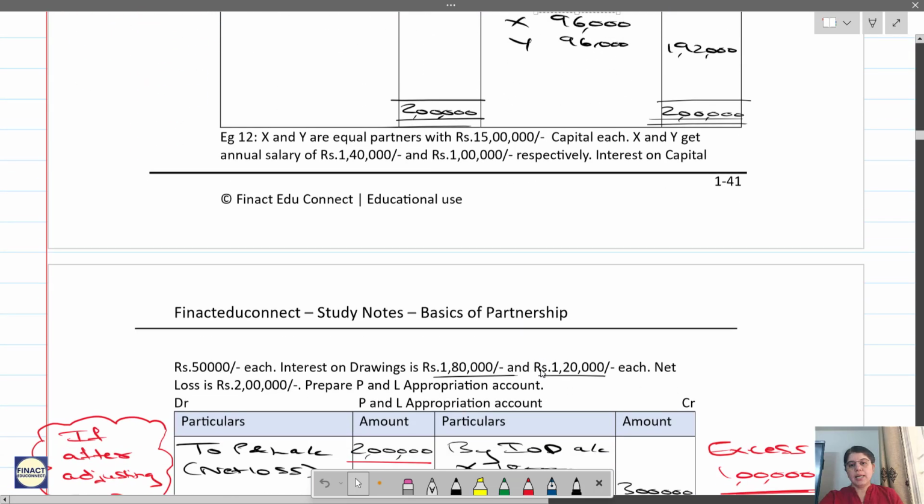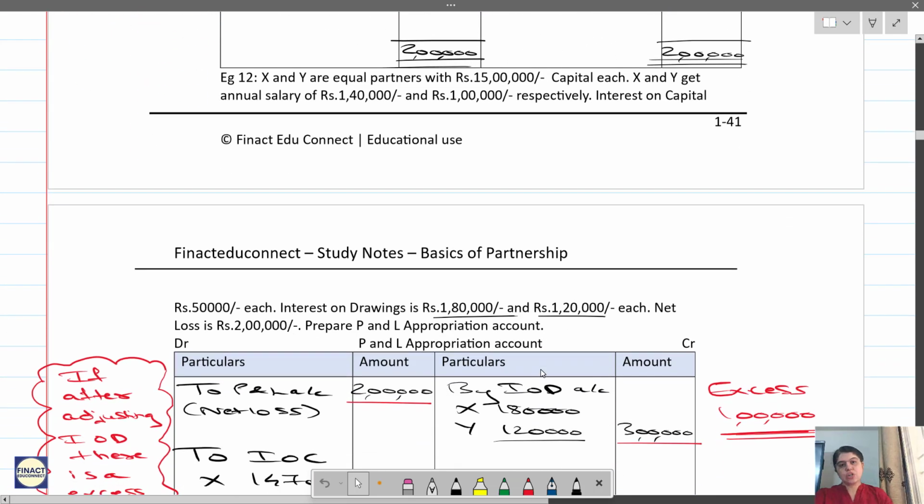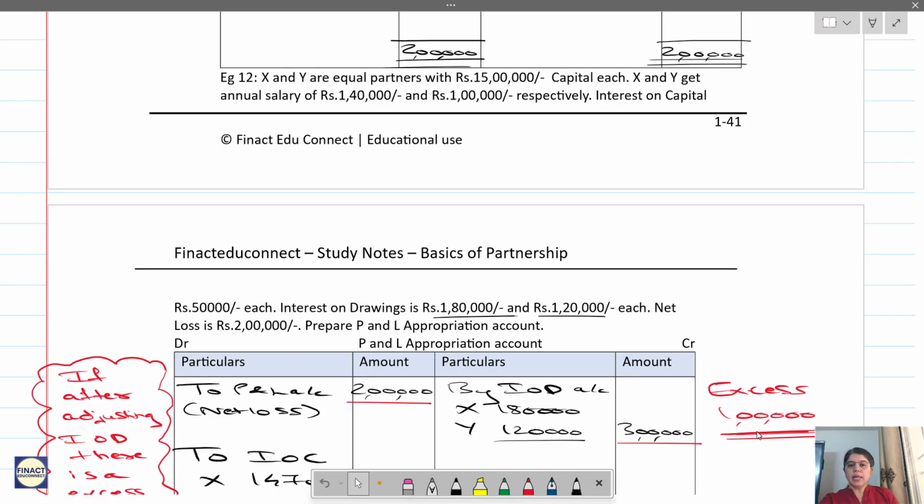Now let's say if after deducting interest on drawings, okay, you get an excess, then whatever excess is available, use that to proportionately pay whatever expenses are there, like interest on capital, partner's salary, partner's commission.